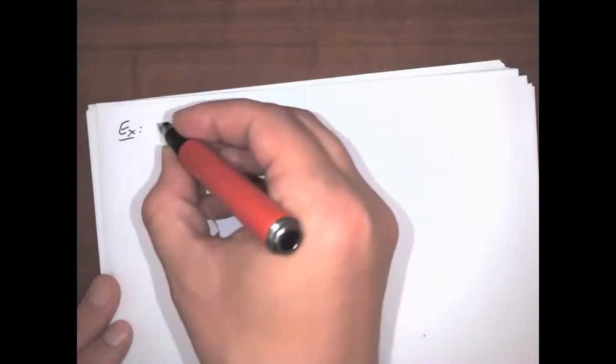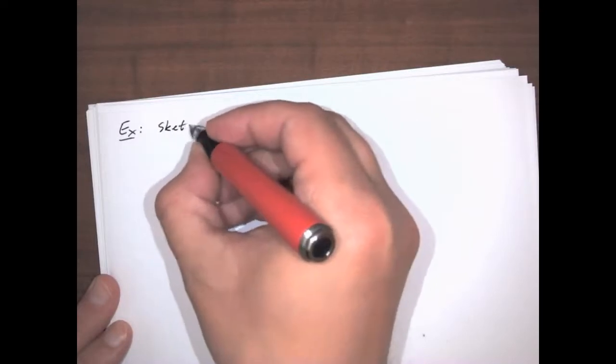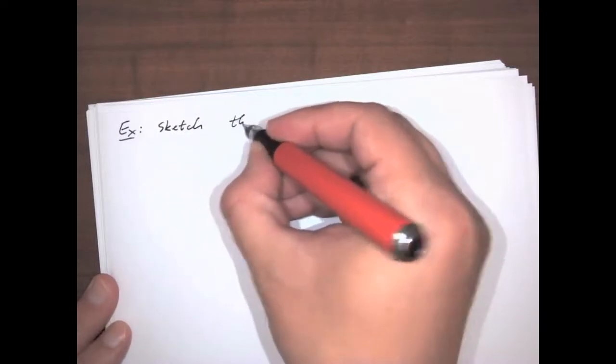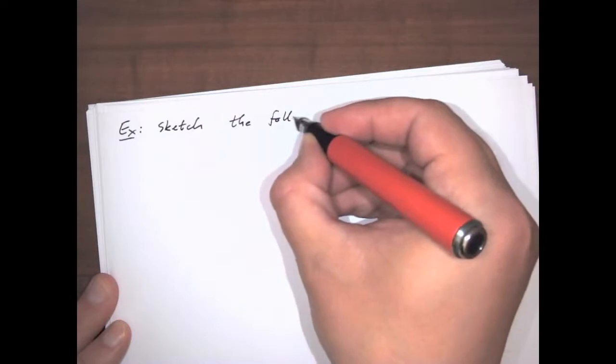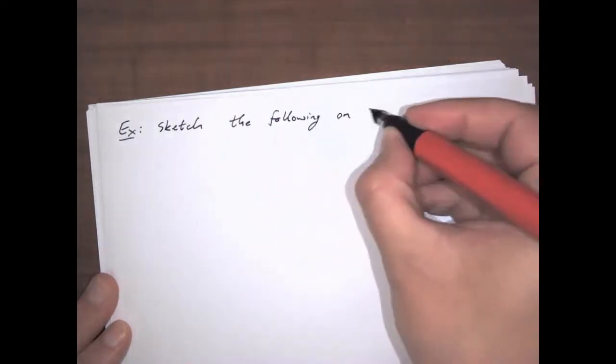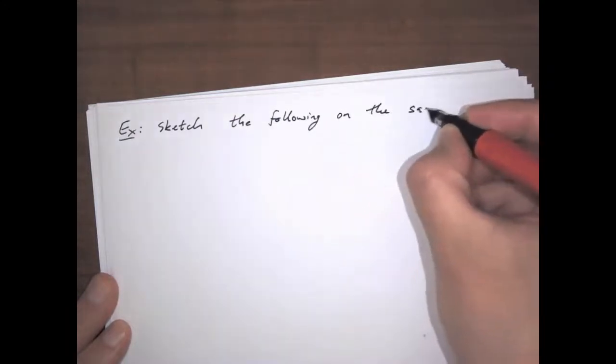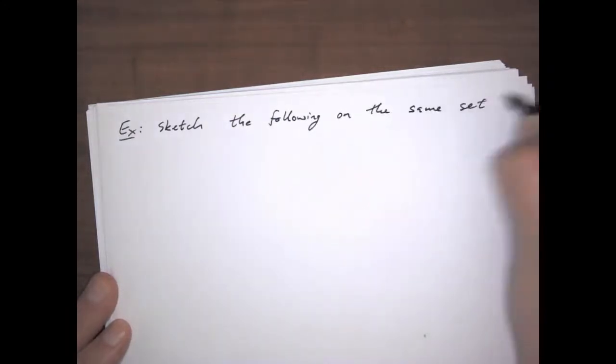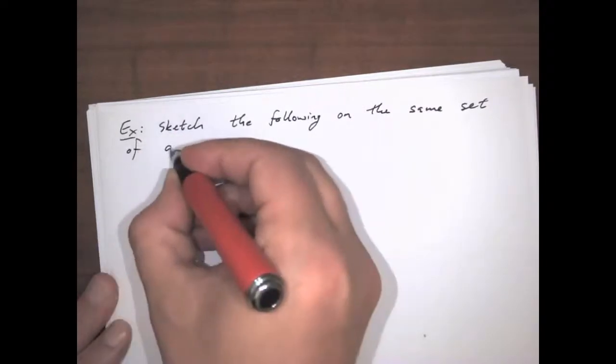Now we can use some of this information to do some rough sketching by hand of what graphs of exponential functions would look like. As an example, sketch the following on the same set of axes.